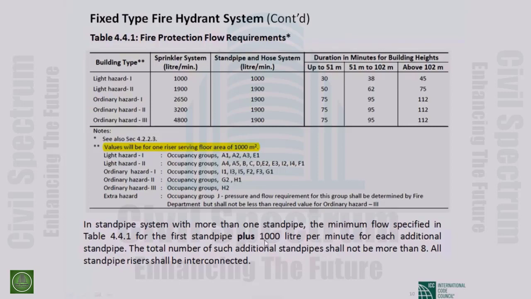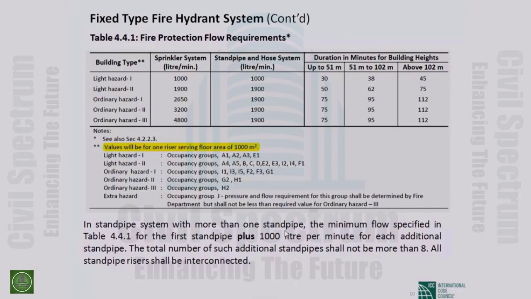So you need something more if your building is more than 1000 square meters, and depending on that you have more standpipes, and for each extra standpipe you have to add 1000 liters per minute, and similarly you have to increase if your standpipes are more than 3, 4, 5.